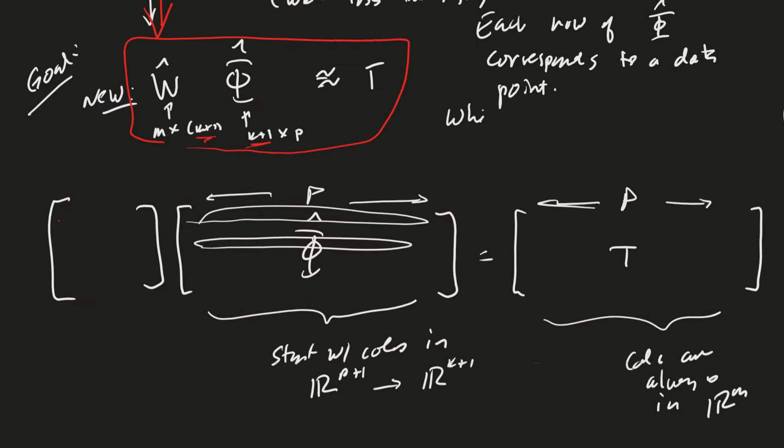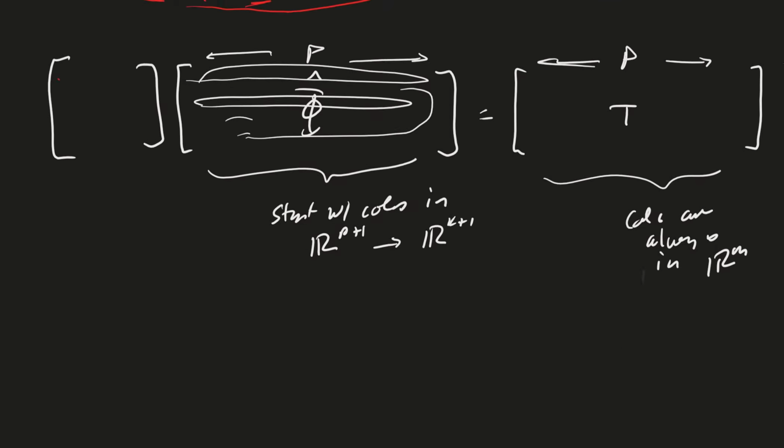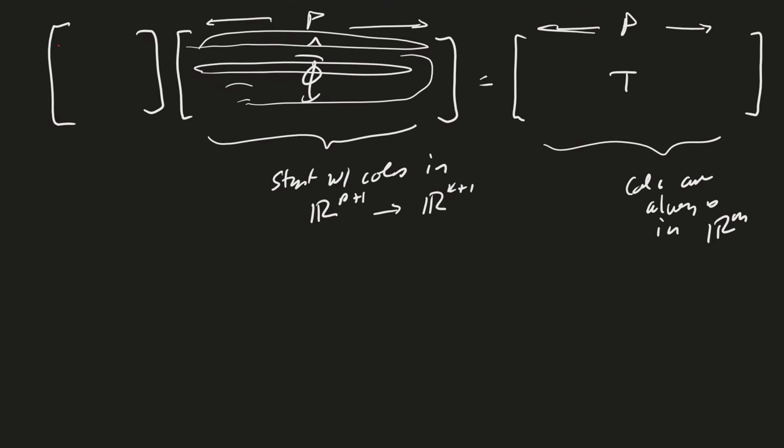I need to somehow look for or keep the rows of phi that keep a good mapping. How am I going to do that? Well, here's the idea. I've got the row space of phi hat and the row space of T over here, and they're probably not going to be the same.